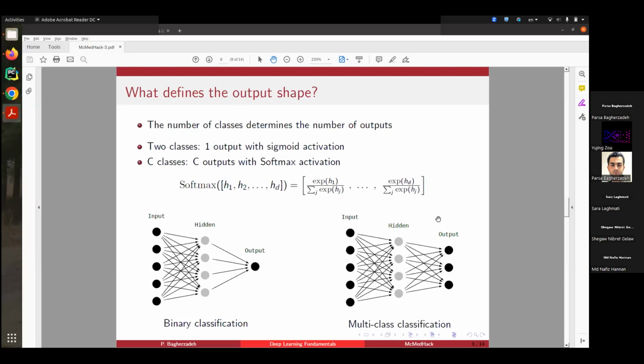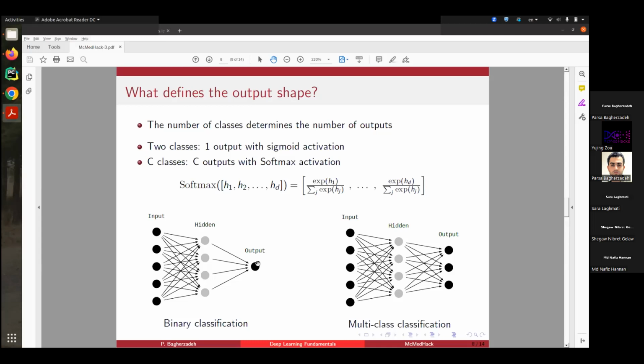Traditionally, if we have only two classes, we can use a single output with sigmoid activation at the end. You give your input, then you do some projection. Here I have one hidden layer, and the output of this hidden layer is mapped to the final output of our network.